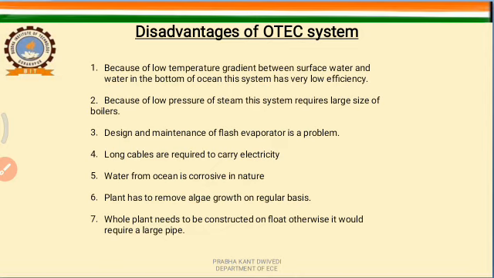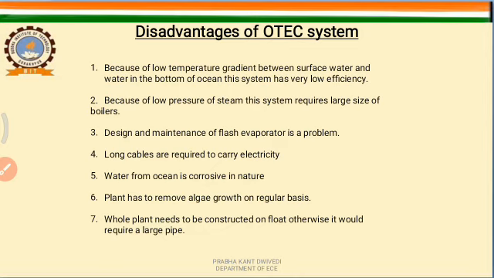Because the water from the sea is saline water. It contains salt in it, and also it contains microorganisms of the ocean, and algae, that stuff. So it is very important to clean the system on a regular basis.